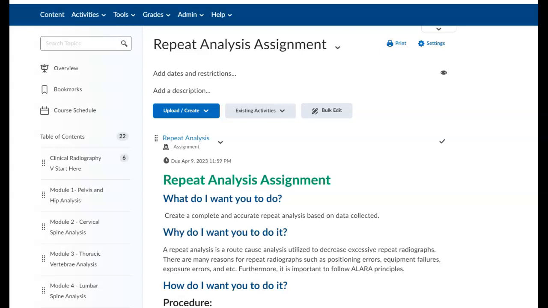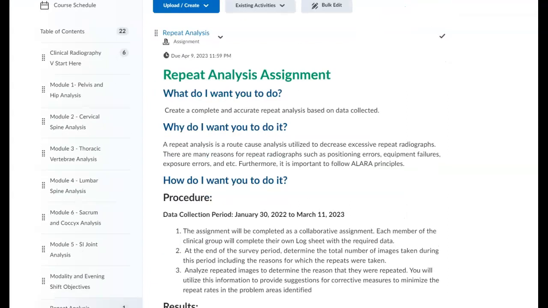Hello everyone. Let's talk about the repeat analysis assignment that you guys are all so overjoyed to complete this semester. Don't worry, we will get through this. For this assignment, it will take place over the course of this semester.